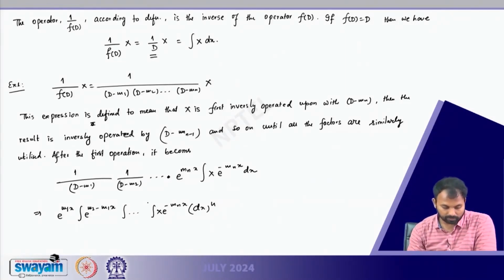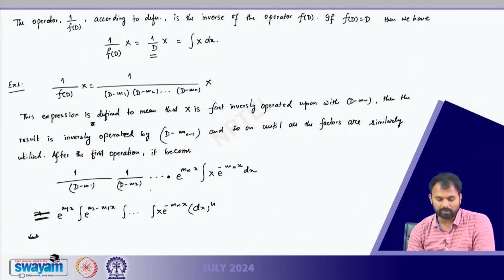So if we have a factor like this, our 1 by f(D) operating on this capital X will yield an integral of this type.